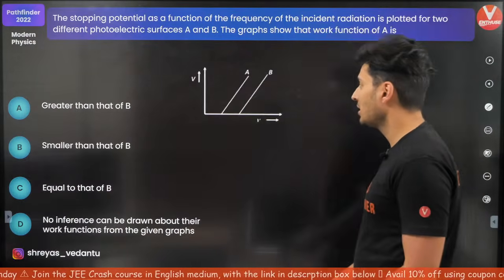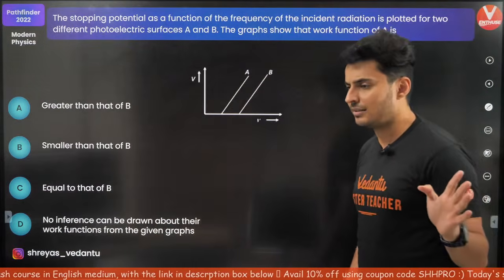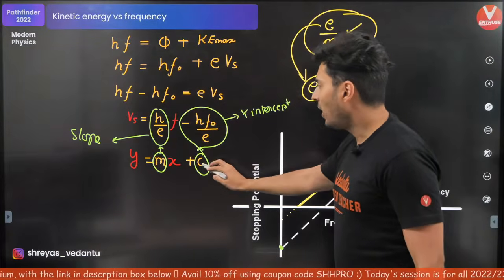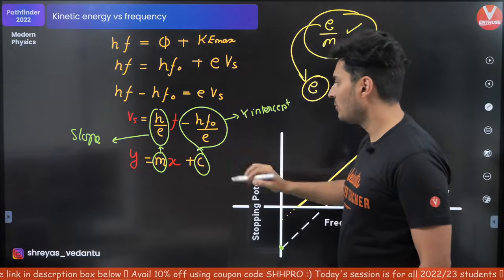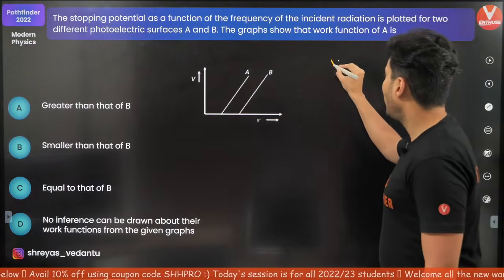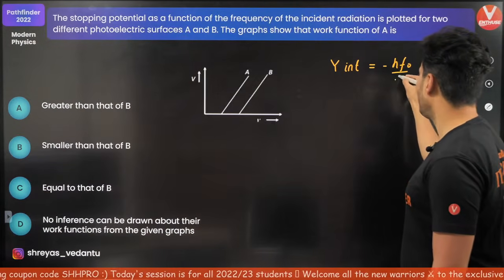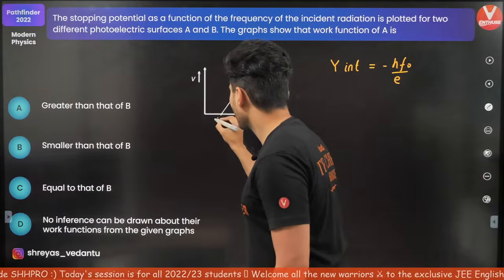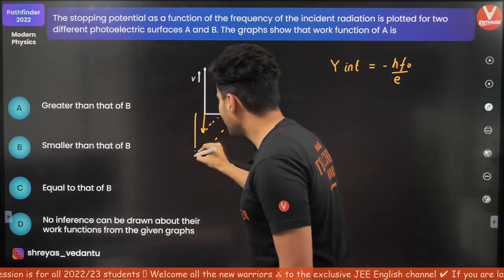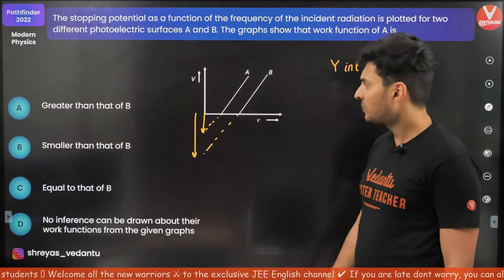Very, very interesting question. Okay, I'll give you a hint. Think about the previous slide, you will get the answer. It's not that difficult at all. If you go to the previous slide, you remember that the y-intercept was minus hf naught by e. So I'll write it over here. Now if you notice over here, which one has larger y-intercept magnitude wise?